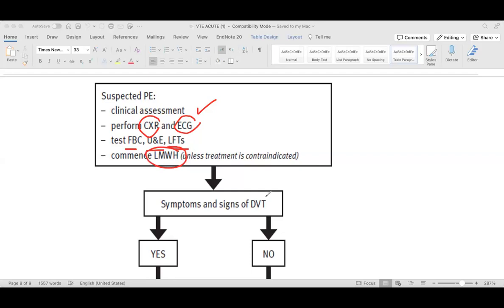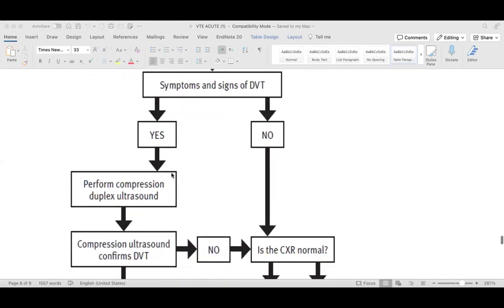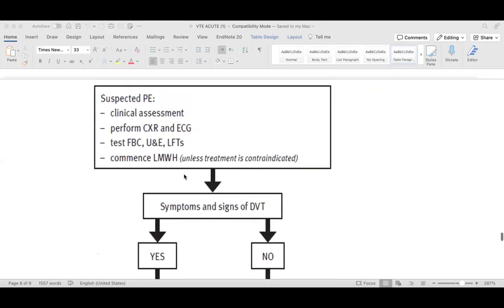If there are signs and symptoms of DVT, you will perform a compression duplex ultrasound. So is starting treatment first or the scan first? Which one came first? Treatment first, right?